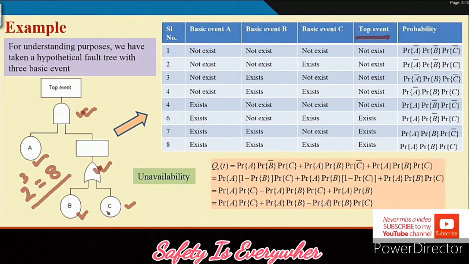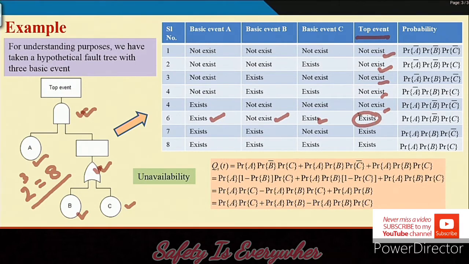For example, when all the bottom events do not exist, the top event also does not exist. Suppose C exists and the other two do not exist; similarly, not exist, not exist, not exist. The combination when A exists, meaning A has failed, B doesn't fail but C has failed, then definitely the top event will occur.